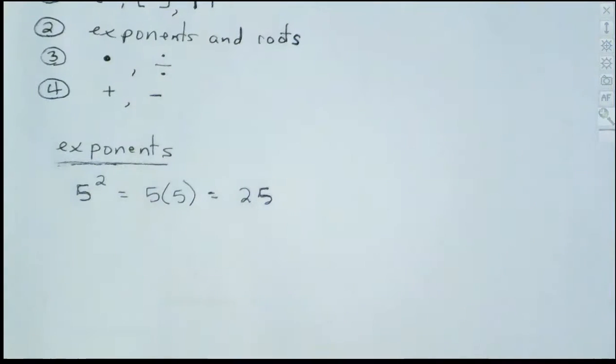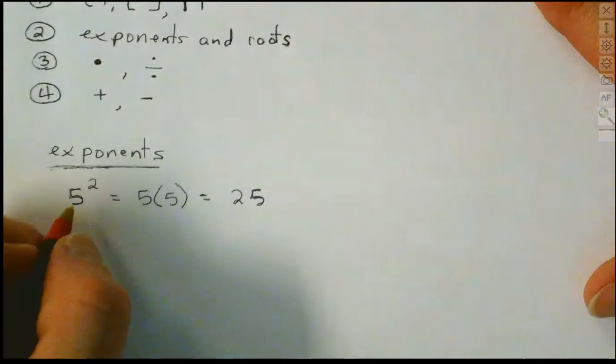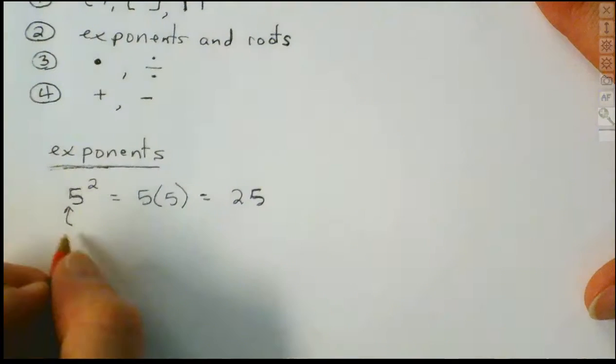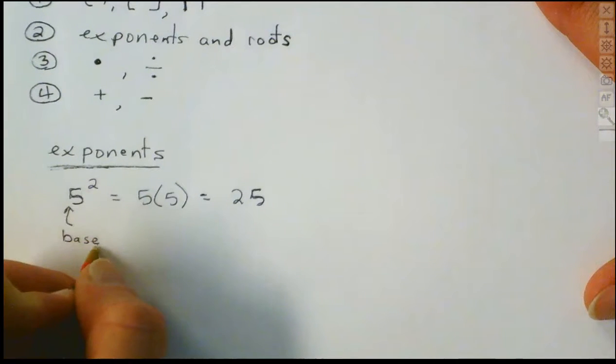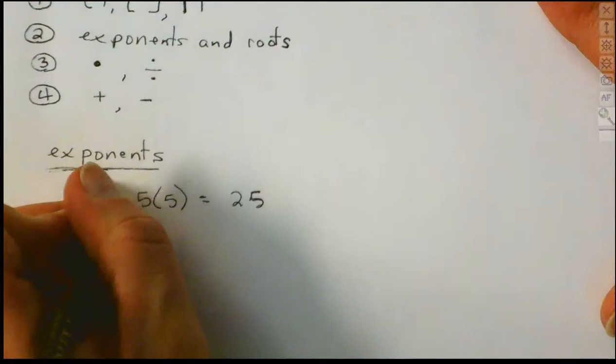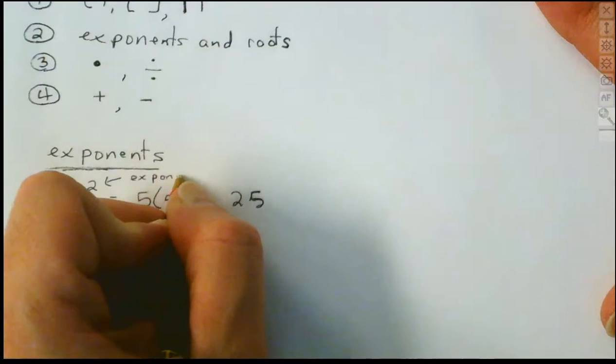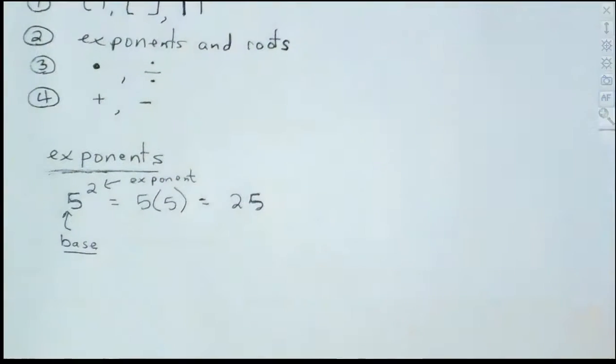So what do we have? Well, we have what's called the base. So our 5 is the base. And the 2 is going to be our exponent. So that's our basic exponential here, or exponent.